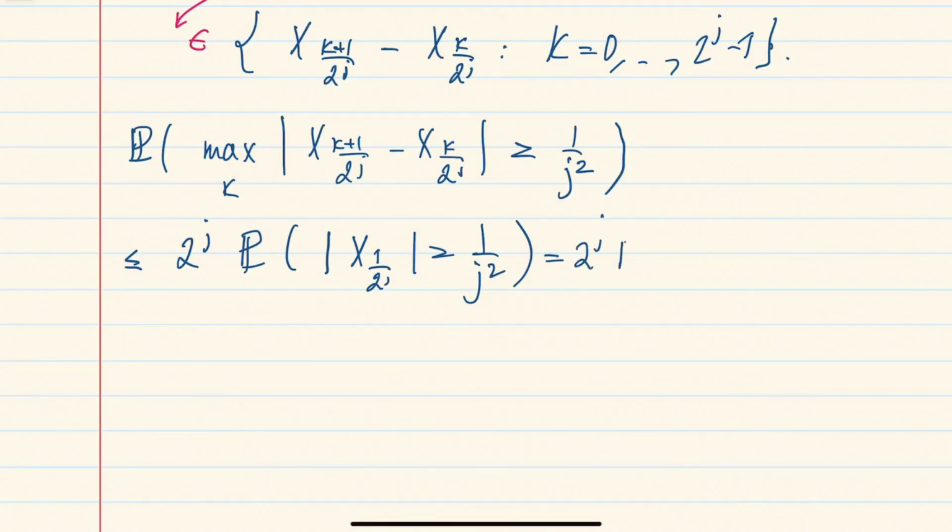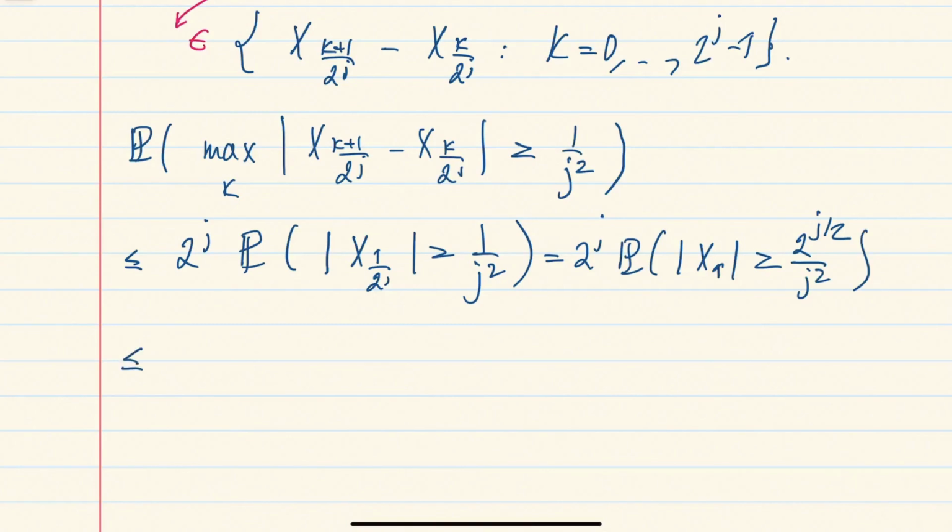We can then rescale, because we know that the variance of X_{1/2^j} is just 1 over 2^j, so we can divide by the square root of that and write it in terms of a standard Gaussian. So it will be the same as the probability that the absolute value of a standard Gaussian, X_1, is greater than 2^{j/2} divided by j squared.